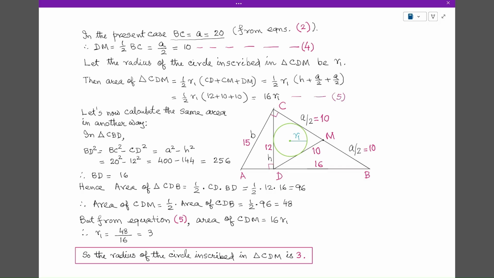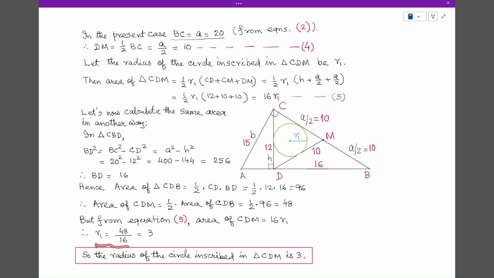But we have found out the same area to be 16 r1 in equation 5. Therefore, area of CDM is equal to 48, and that is equal to 16 r1.